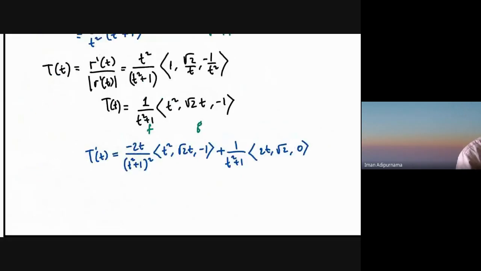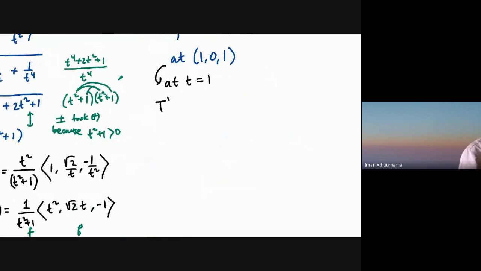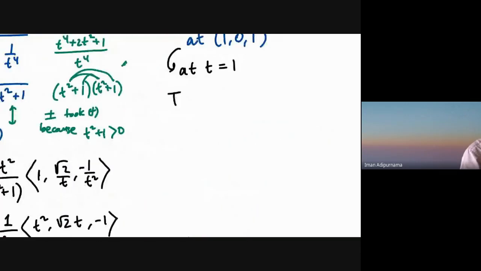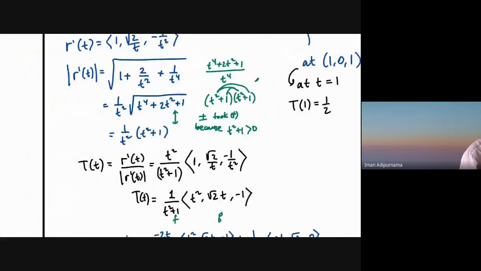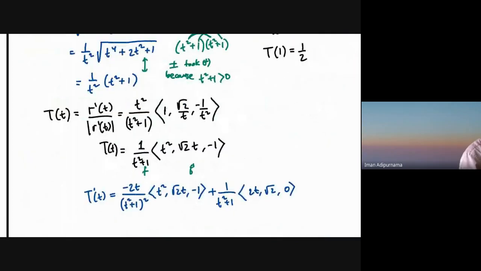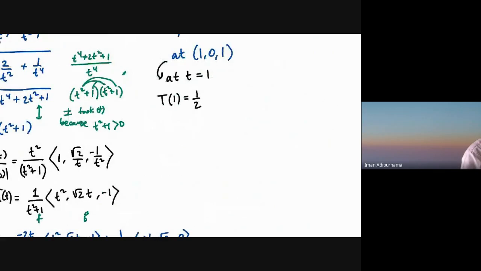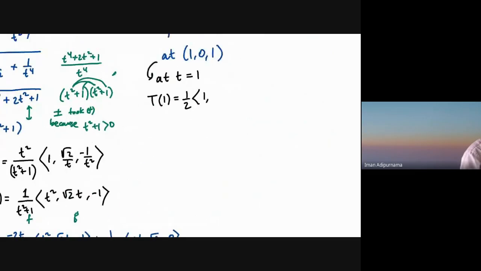Okay. We can simplify all these equations and put 1 inside all the formulas. So T is what? Half of (1, square root of 2, negative 1).